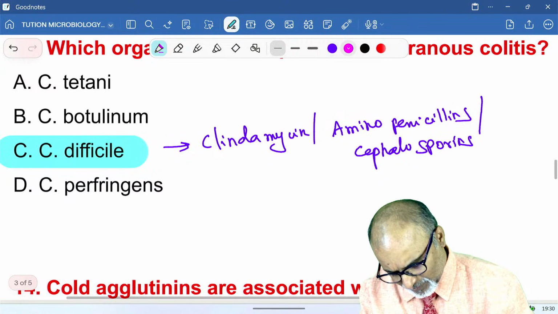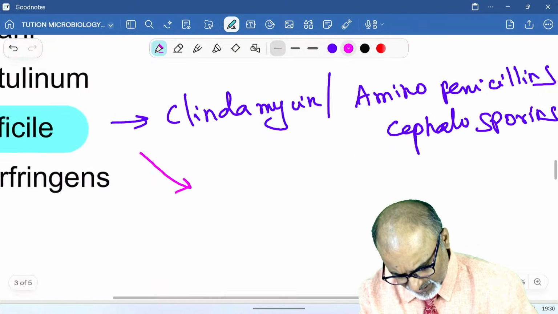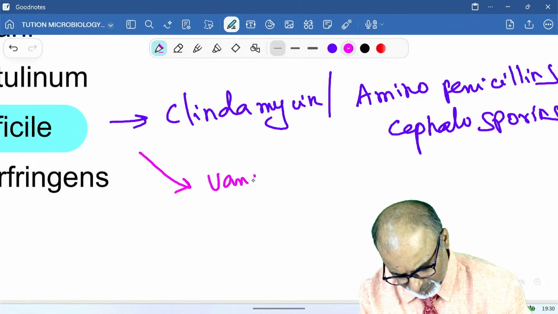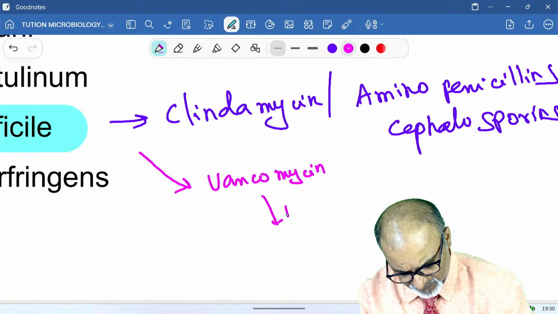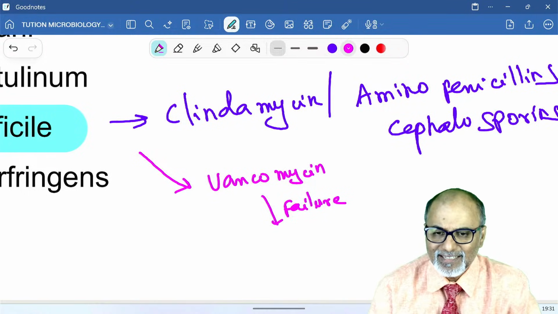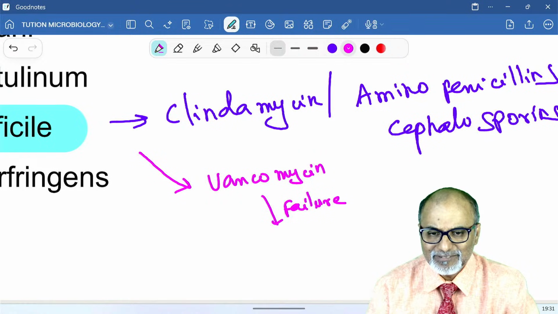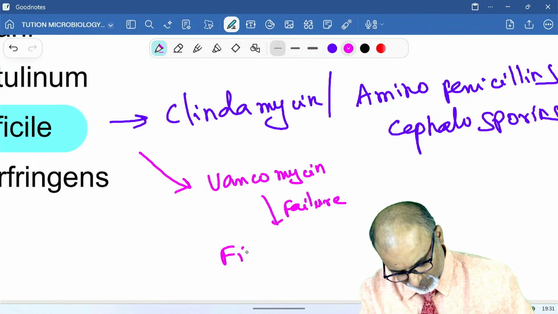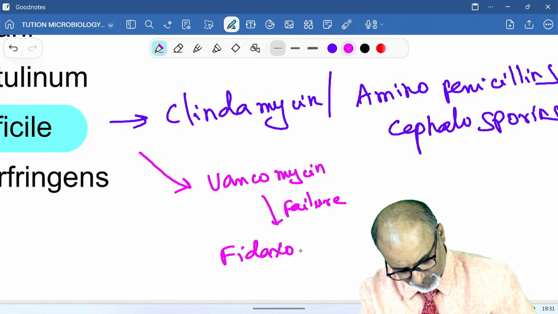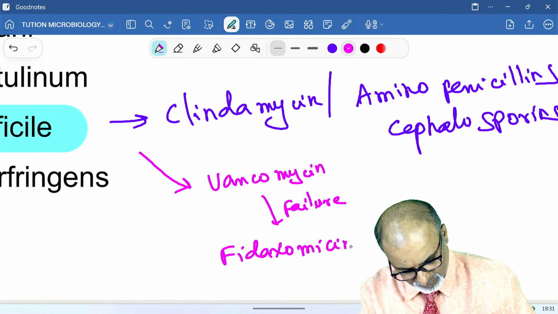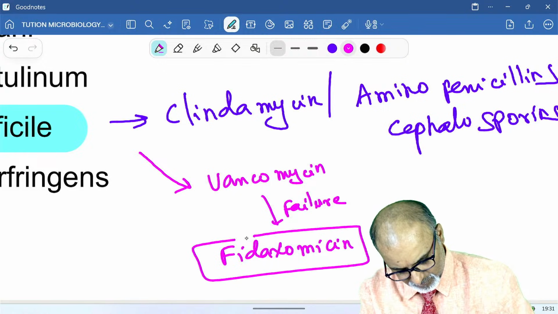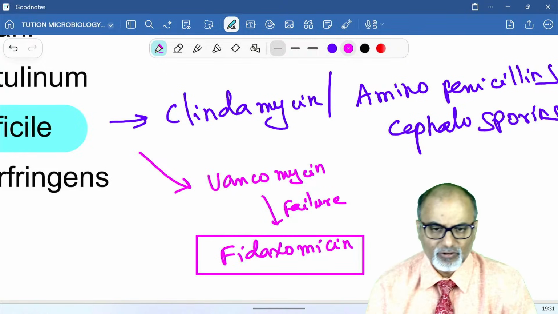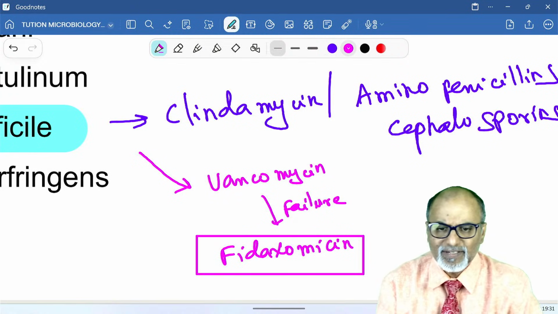And the classical treatment, what are the important treatments? First line treatment is vancomycin. In case of vancomycin failure, can you name the treatment? Fidaxomicin. Vancomycin failure, we can go for fidaxomicin.